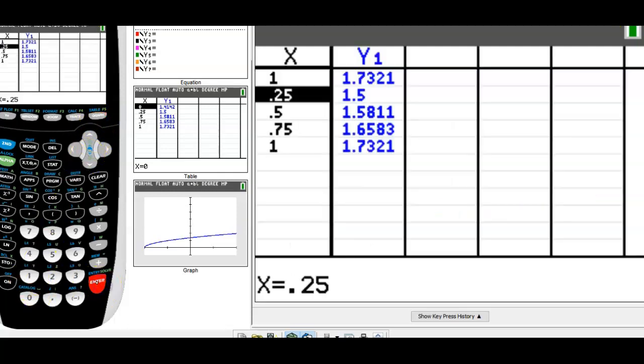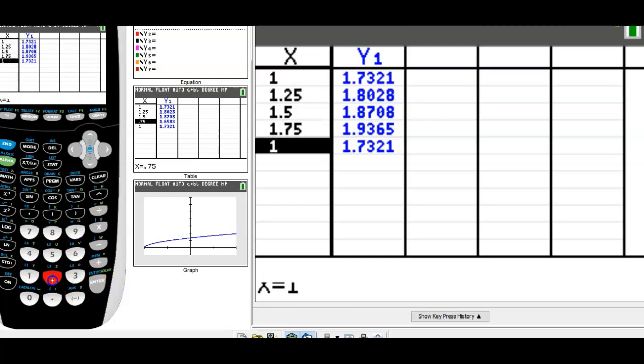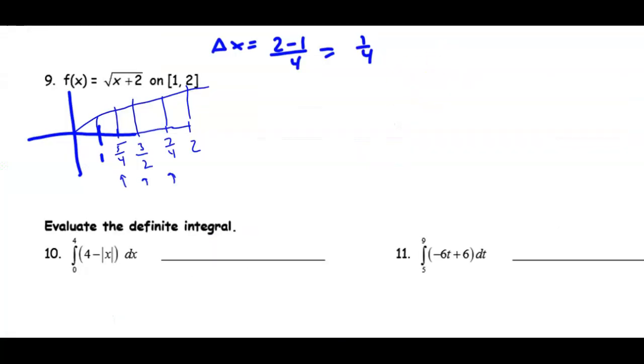Remember, this one starts at 1, and then we said 5/4, and then 3/2, and then 7/4, and then 8/4 or 2. So those are values right here. All right. So now what we're going to do is we're going to go back over here.